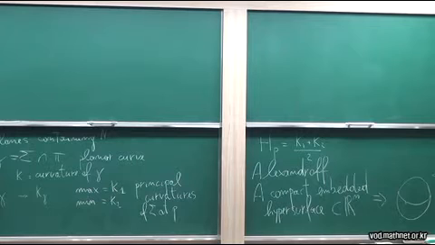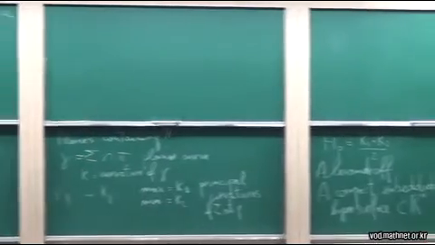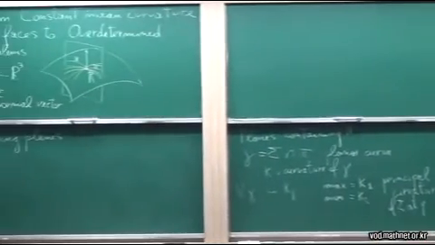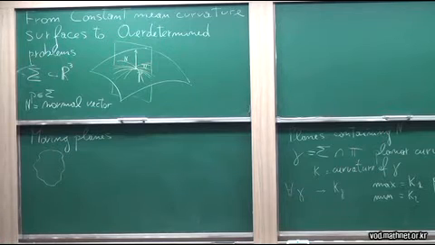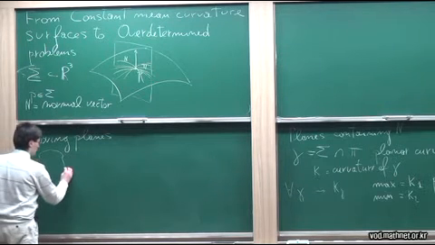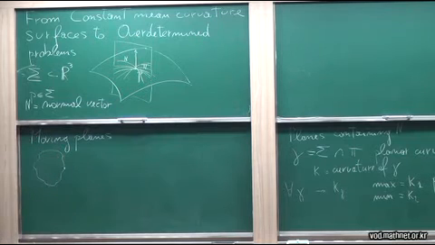Essentially, if such a surface is not a sphere, if it is a horrible shape like this, I take a plane intersecting this strange object.